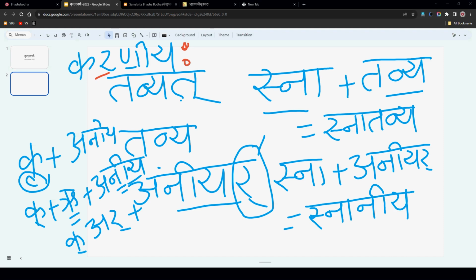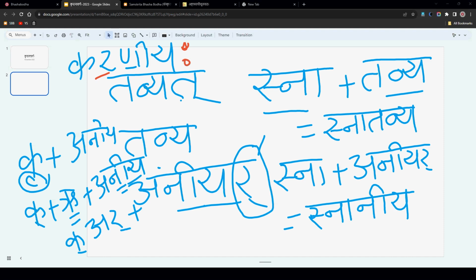Then if you want to use it in the napunsakalingam, then the pratipadikam remains the same, karaniya, like akaranta napunsakalinga, just like vana or phala. So then the vibhakti forms will be like vanam, vane, vanani, karaniyam, karaniye, karaniyani, etc.